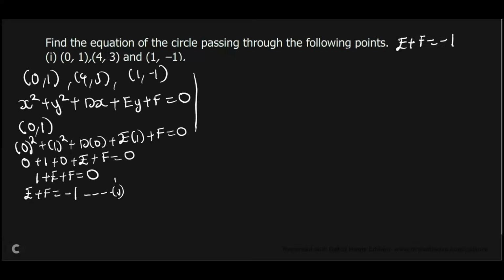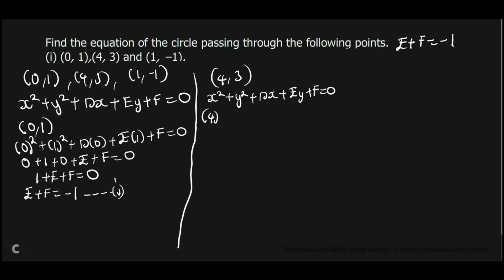Now let's write again the second equation. So you use 4, 3. Such that what's the general equation? It's x squared plus y squared plus dx plus ey then plus f equal to 0. Now, in the x-axis, this one is 4, and in the y-axis is 3. So what you do is say 4 squared plus 3 squared plus d times 4 plus e times 3, then plus f equal to 0.